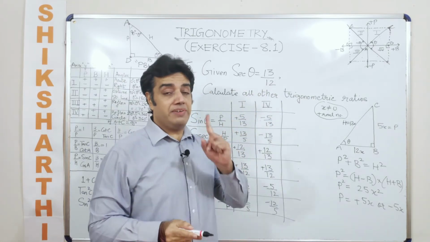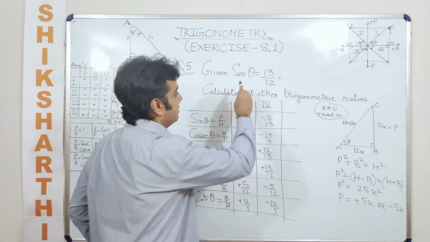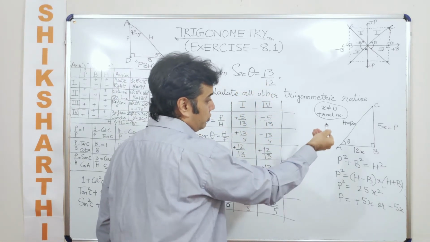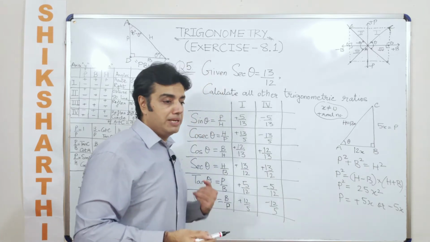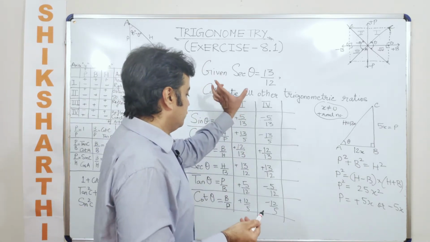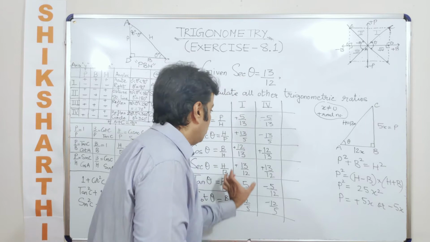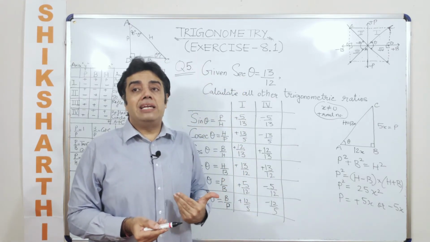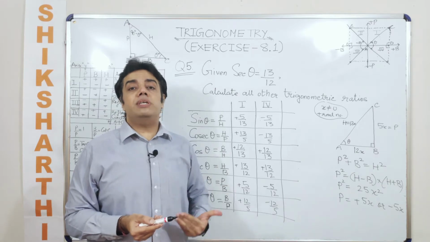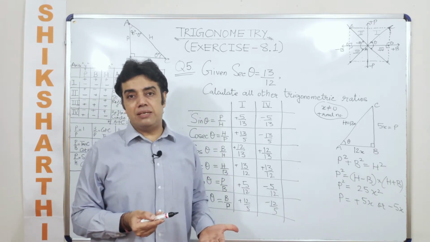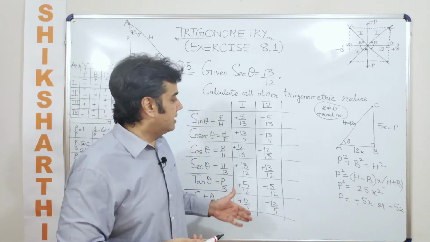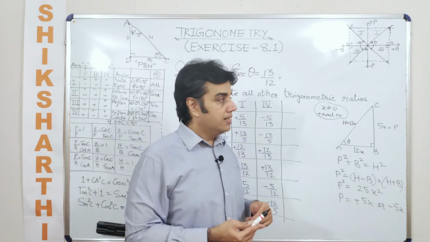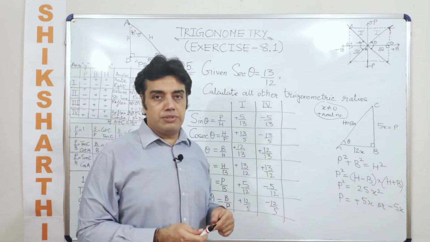Had they given specific values, I repeat, let's say they would have given the hypotenuse is 13 centimeter and the base is 12 centimeter, in that case you would have taken the values only from the first quadrant, because then they would have given you the value. But the moment the value is expressed in terms of a ratio, in that case you have to talk about all the quadrants, right? Let's talk about the next question, question number 6.